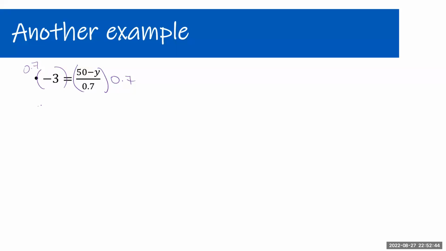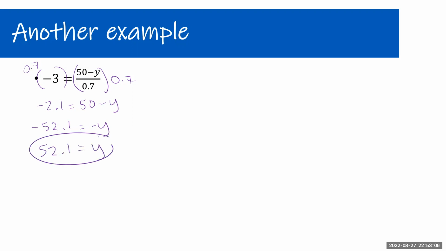I'm going to end up with -2.1 equals 50 minus y. If I subtract 50 from both sides, I'm going to get minus 52.1 equals minus y. And even if I multiply or divide by -1 on both sides, I'll end up with 52.1 equals positive y. And that's my solution right there.